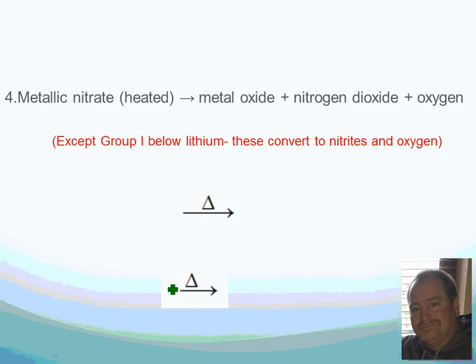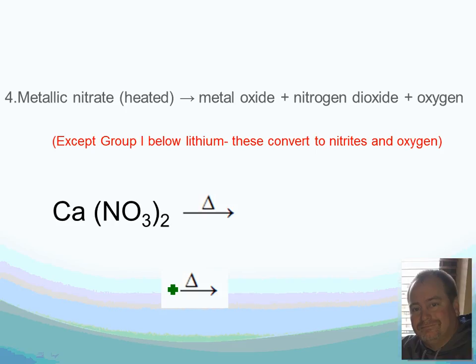So here's an exception, and that's one of the tough things about chemistry, is that there are a lot of exceptions, especially if you ever go on to take organic chemistry in your life. Okay? Except for group 1 below lithium. So if I have a group 1 below lithium, it's a little bit different. Just be aware of that.